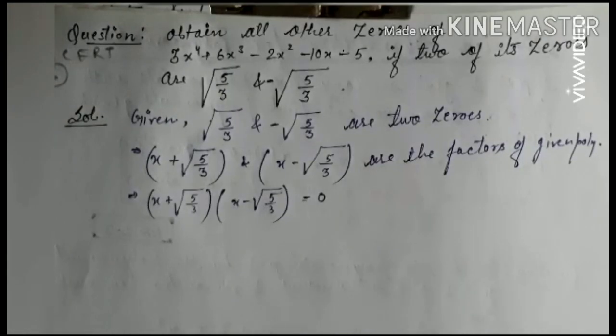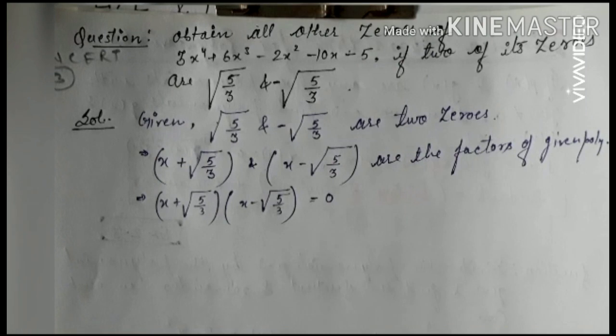This is your NCERT 2.3 third question. Obtain all other zeros of 3x power 4 plus 6x cube minus 2x square minus 10x minus 5, if two zeros are given, root 5 upon 3 and minus root 5 upon 3.